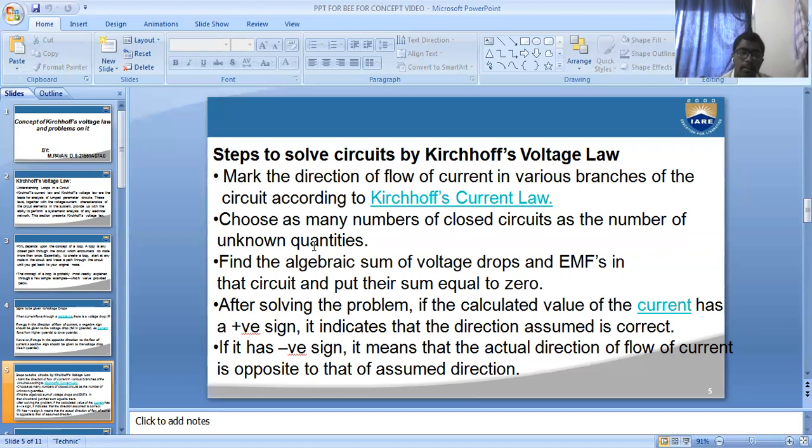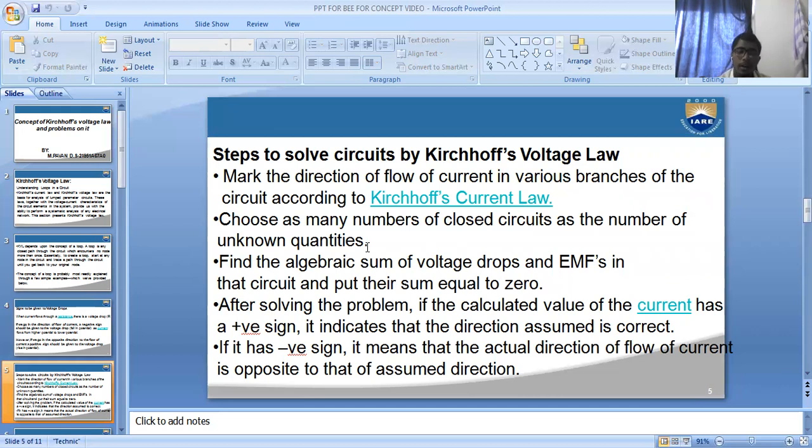Then choose as many closed circuits as the number of unknown quantities. In a circuit we can find some closed circuits, so choose as many closed circuits as there are unknown quantities. Find the algebraic sum of voltage drops and EMFs in each closed circuit and put the sum equal to 0.